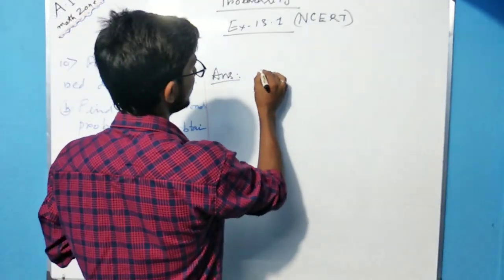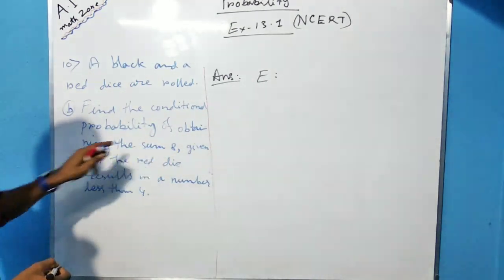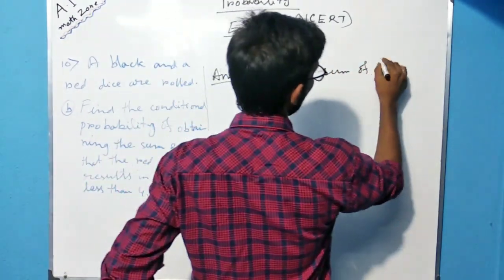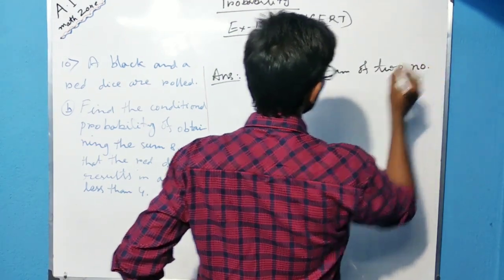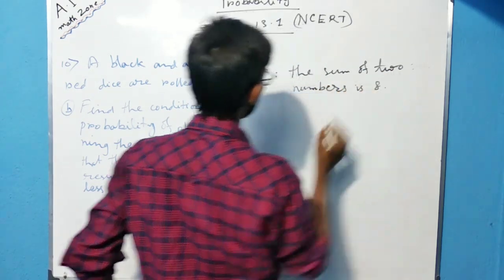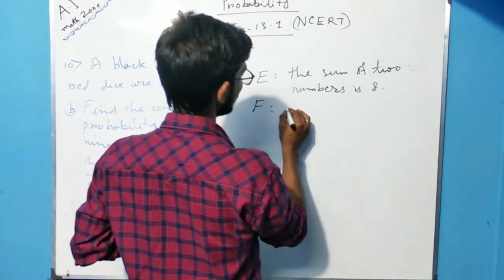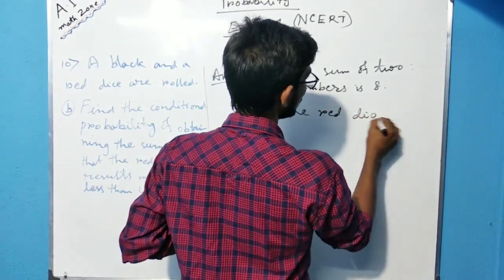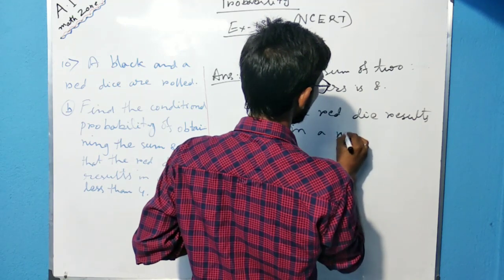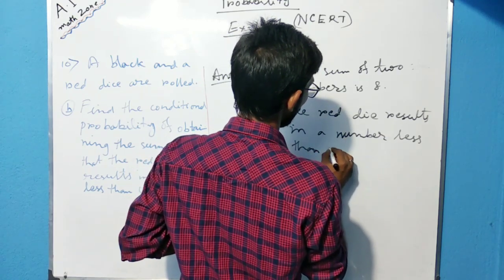Let E be the event that the sum of the two numbers is 8, and F be the event that the red die results in a number less than 4, right?